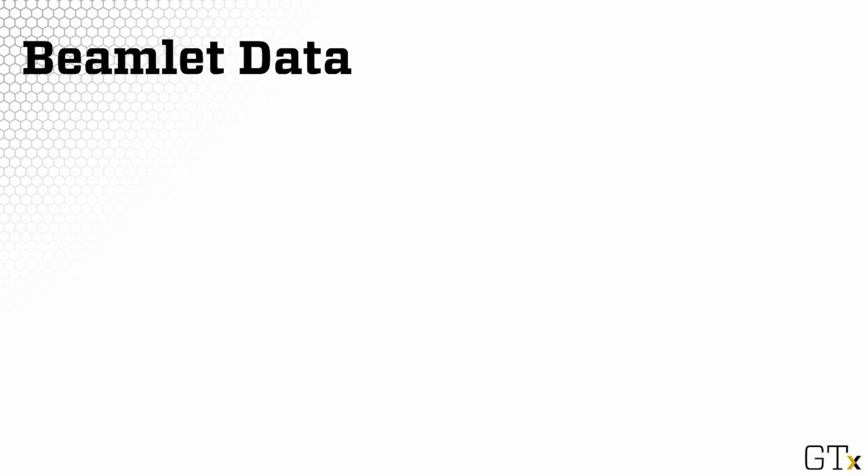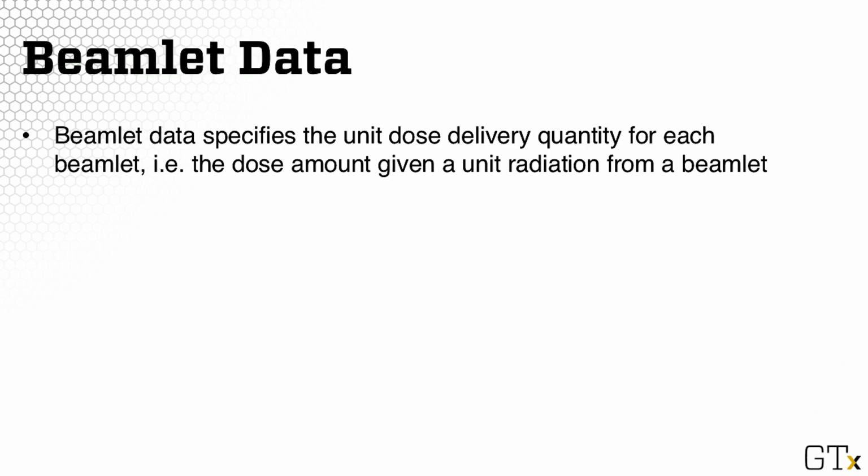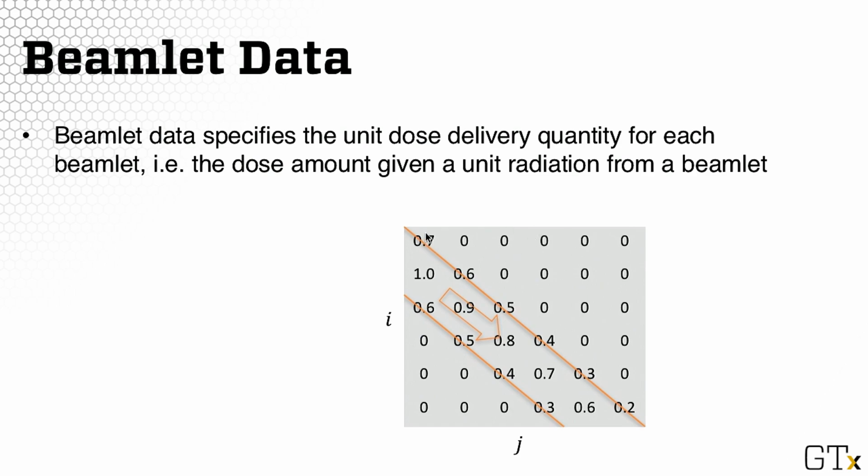So we also need beamlet data. So what is beamlet data? Beamlet data specifies the unit dose delivered quantity for each beamlet, meaning the unit amount of radiation that each beamlet can deliver. So here is the way that we represent the beamlet data.